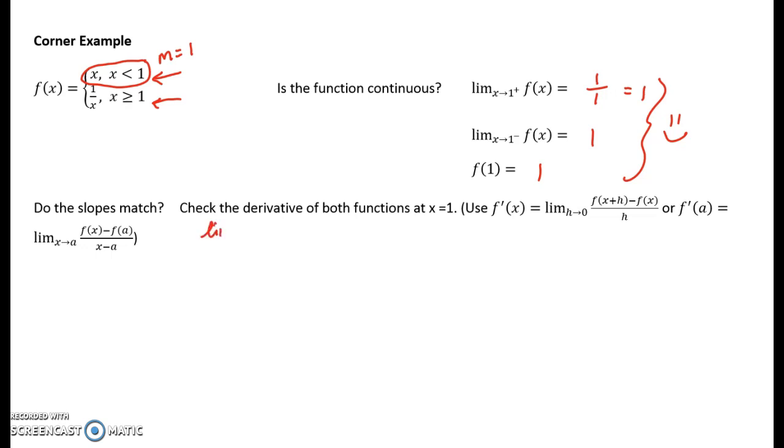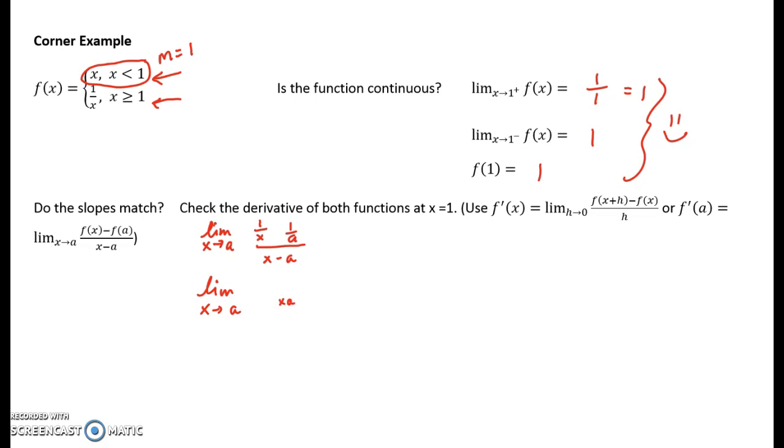So we're going to take the limit as x approaches a of 1 over x minus 1 over a, over x minus a. And then I'm going to find a common denominator. So I have x minus a over my common denominator, which is x times a. Oh, I did that wrong.